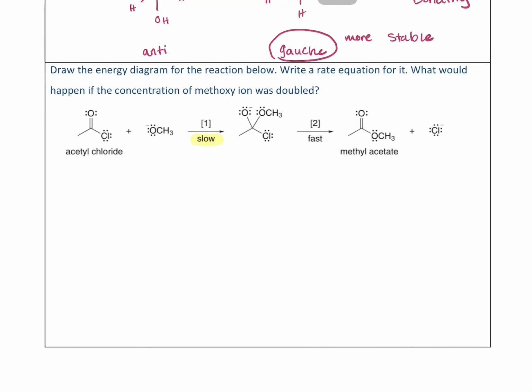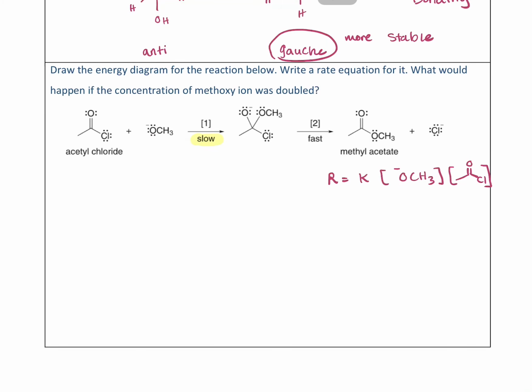So that means that reaction is the rate determining step. So in order to write the rate equation for the whole reaction, we have rate equals k, and then the reactants of the first part, which happen to be these two.